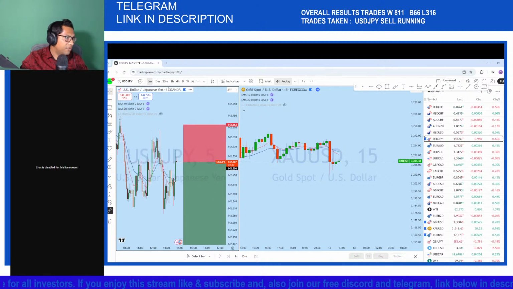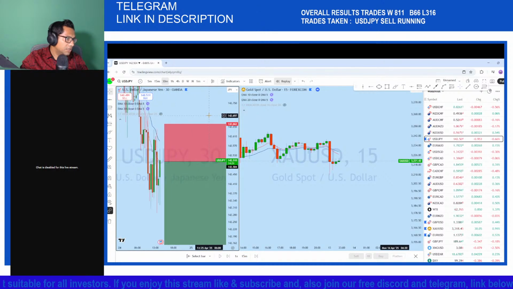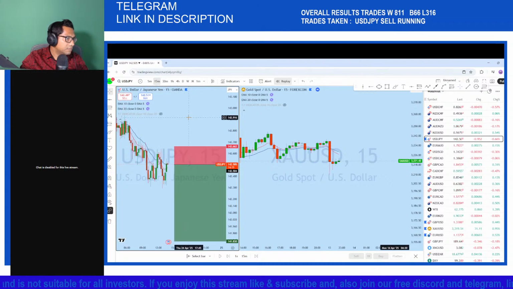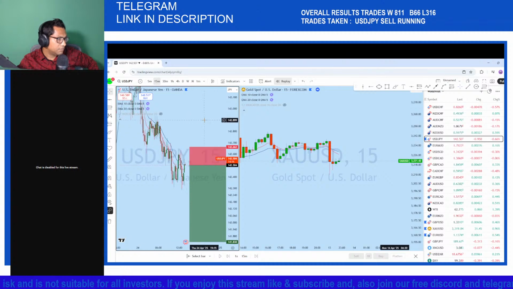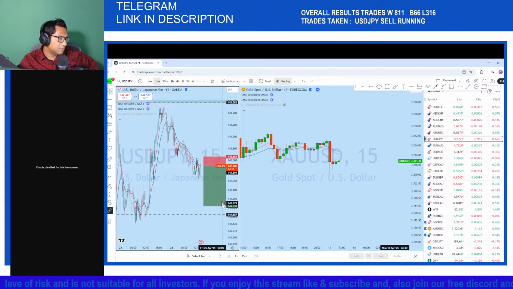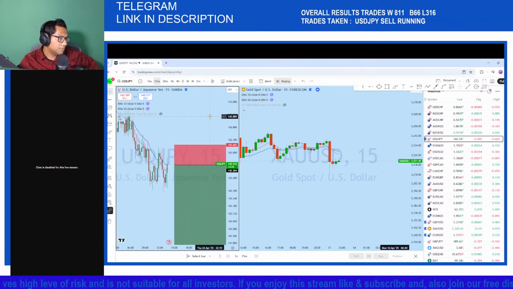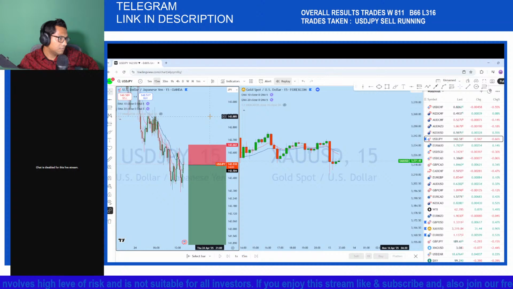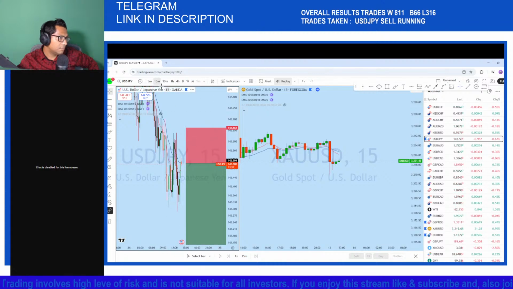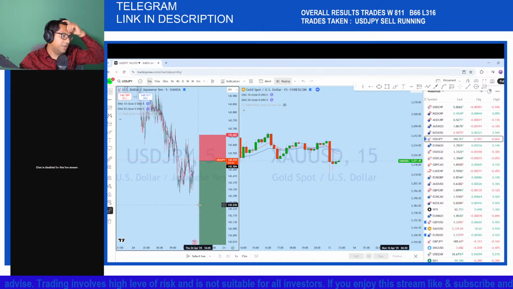Would like to see first of all it's coming back again to the direction. Sometimes the market just becomes choppy after a big drop.